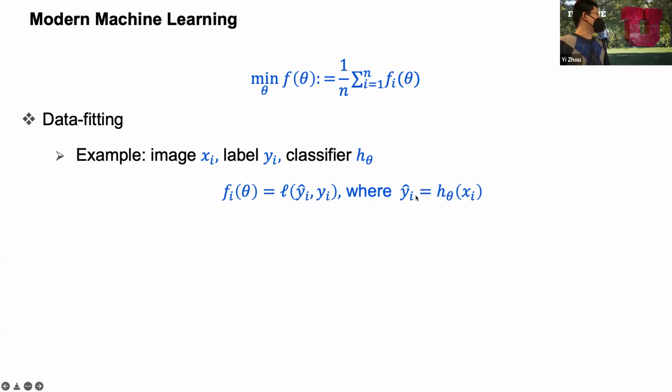Then we want to measure the discrepancy between the predicted label and the underlying true label for this particular data sample. So we are going to use a loss function to measure their discrepancy, and this is defined as the ith loss, the loss function on the ith data sample.